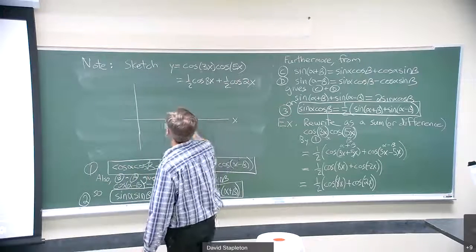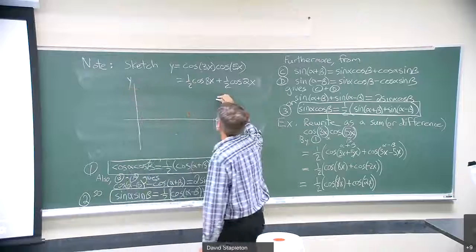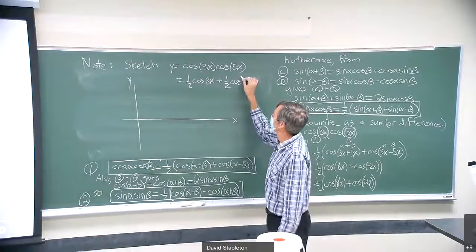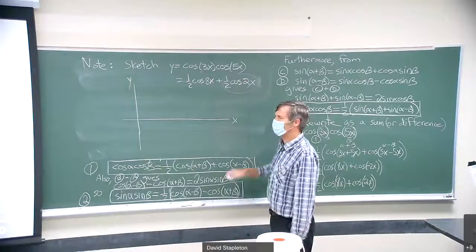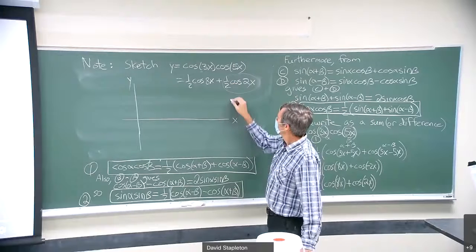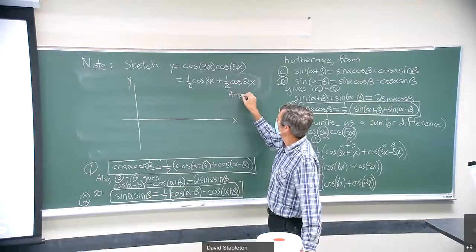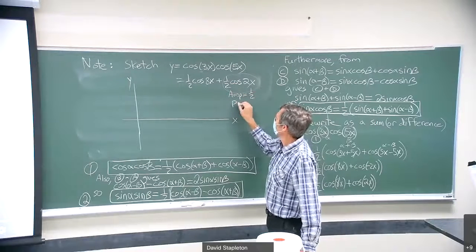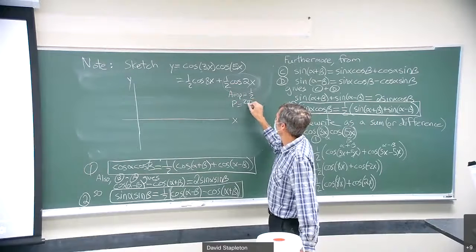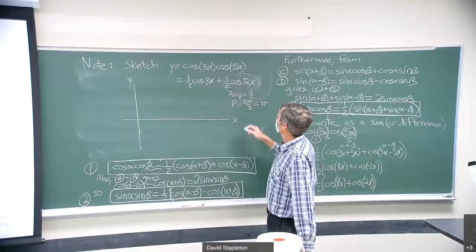If this is x and y, I can sketch each of these things independently because we just did that section, right? 1/2 cosine 2x, what does that look like? It's got amplitude 1/2. It's got period 2 pi over b, 2 pi over 2 is pi. So I know what this looks like.